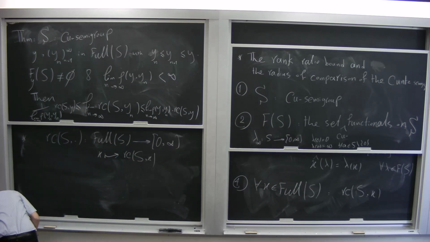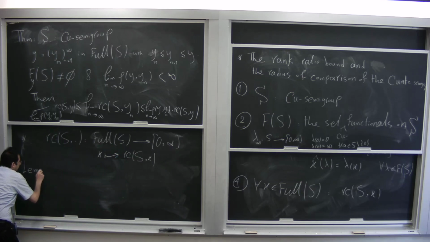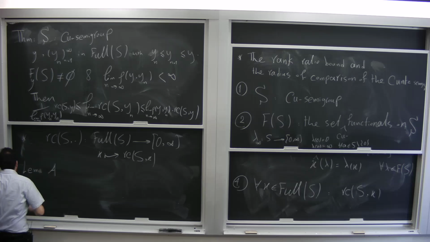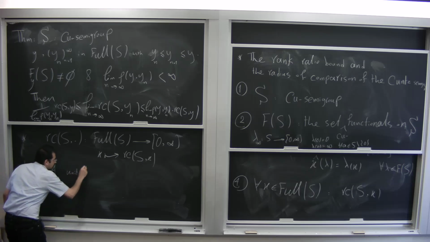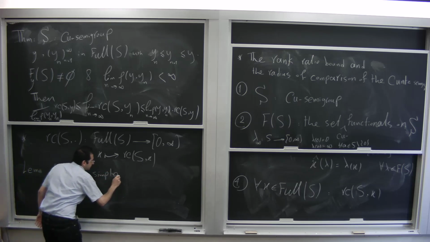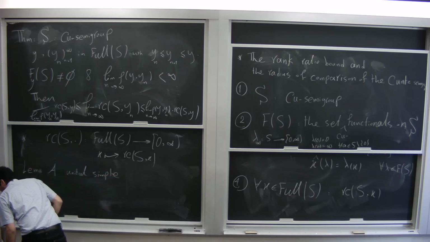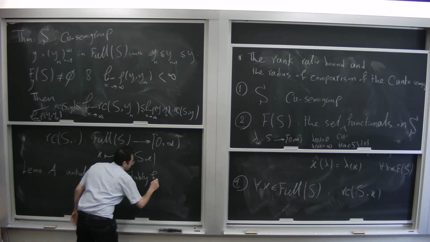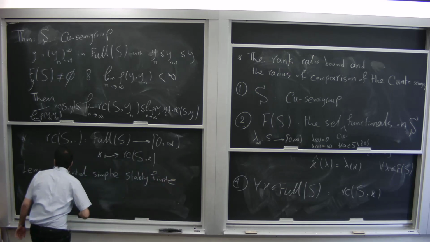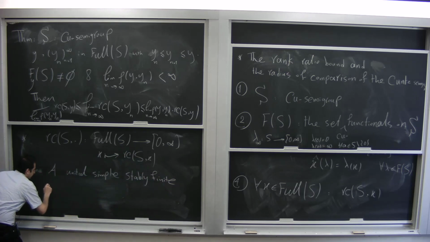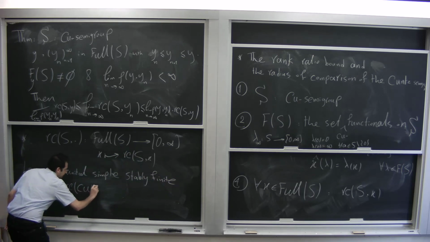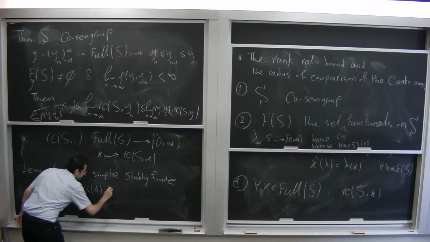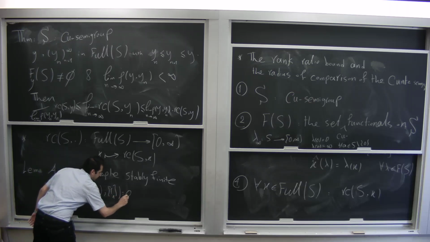Now in Lemma 1, we prove that if you have a C*-algebra A, which is unital, simple, stably finite, with this condition, RC of Cu of A and identity is equal to 0, right?